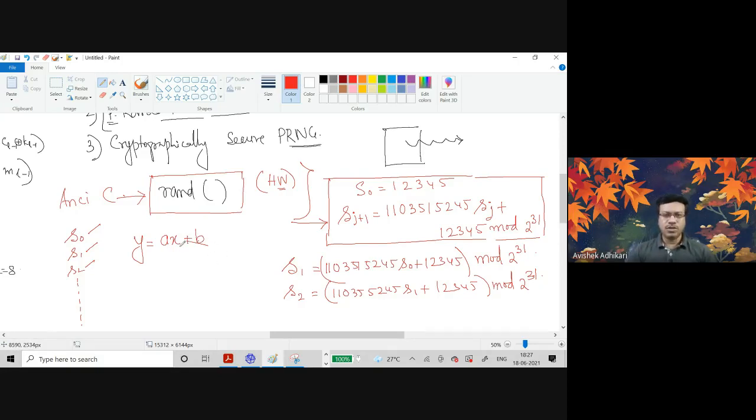Okay. So if you know this value, then you can calculate this value, where a and b are fixed. You can see that this is your a and this is your b. So a and b are fixed.